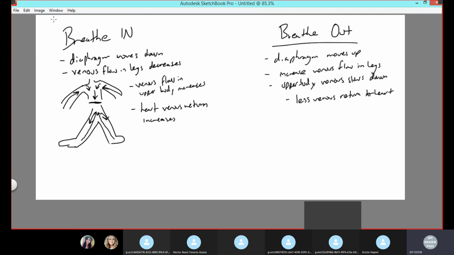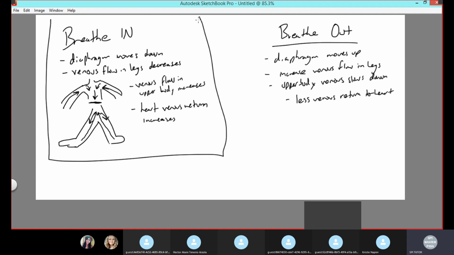So if you were to just pick one side of this, let's say breathing in or breathing out, you can pretty much answer whatever question they throw your way, because they can ask you about the diaphragm, they can ask you about the venous return, whether it's in the legs or in the upper body or in the heart, and they can ask you about that for either breathing in or breathing out. So when you master one, boom, any question they ask you, you can knock it out.